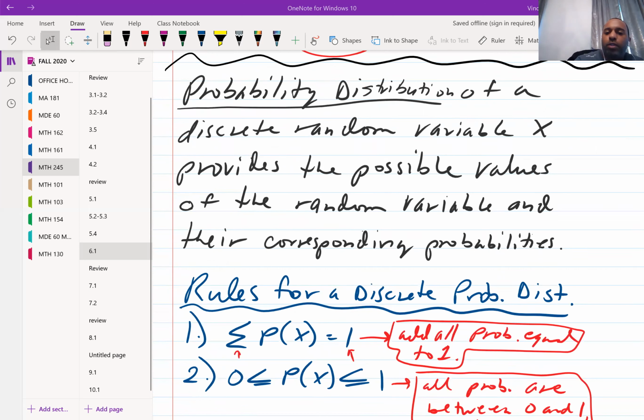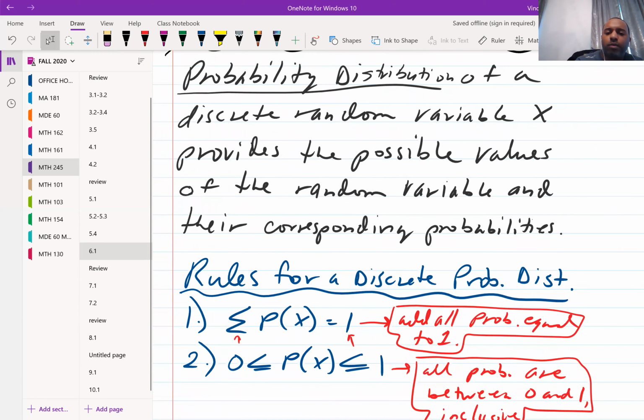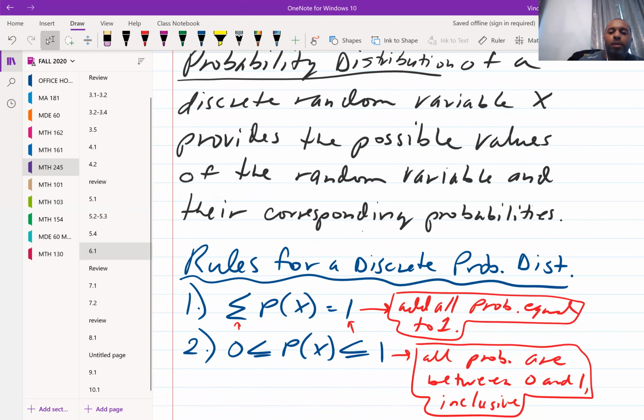So, rules for a discrete probability distribution, and I believe we talked about these rules in chapter 5 as well. Adding up all your probabilities, they have to equal 1. All probabilities add up to 1. And each one of your probabilities is between 0 and 1. Those are your rules for a discrete probability distribution. If they don't fit that, then it's not considered a discrete probability distribution.